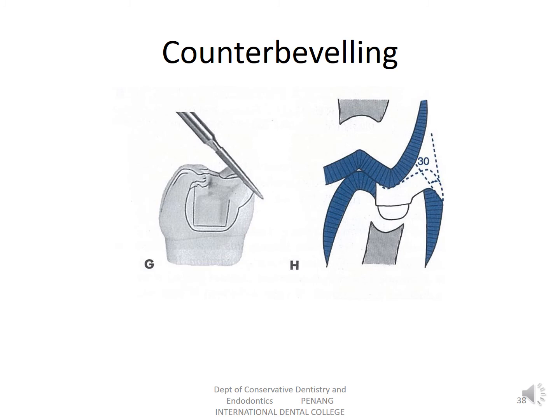After that, we need to take an 8862 diamond and place a counter bevel, which is placed away from the tooth preparation. It is called a counter bevel. Unlike the occlusal bevel, which is towards the cavity, the counter bevel is placed away from the cavity preparation.